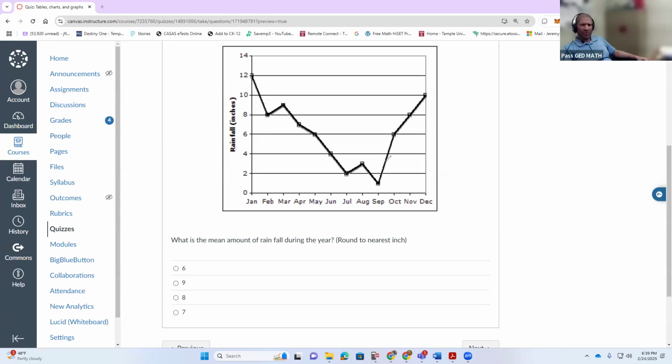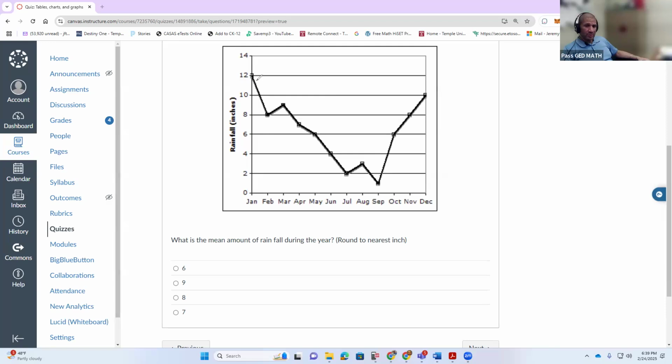Where you getting the 2, 4, 6 from? The rainfall inches, the numbers that go up, where the y-axis is supposed to be. Okay, so how many inches fell during January? January is 12. Okay, we're gonna go in order. So even though you might have been right with the 2, 4, 6, we want to go in order.